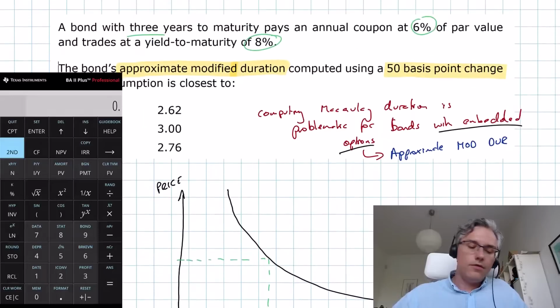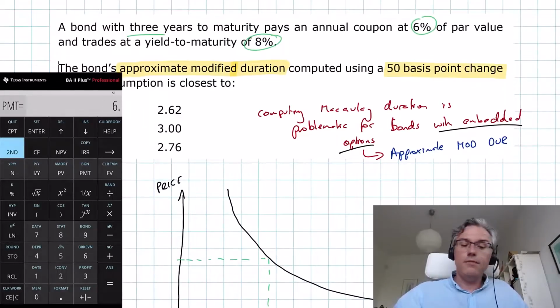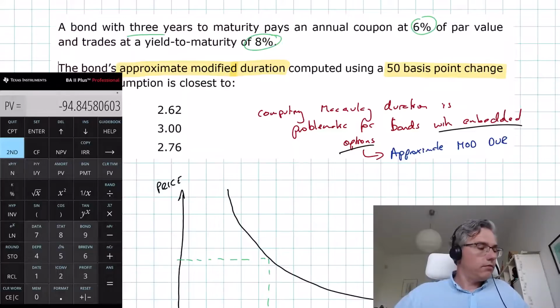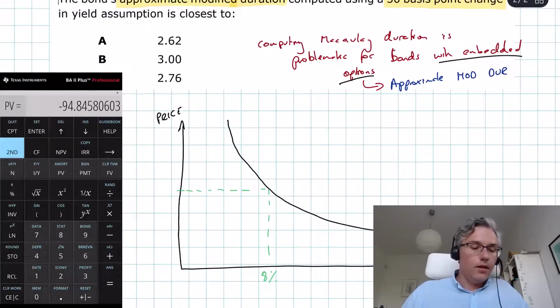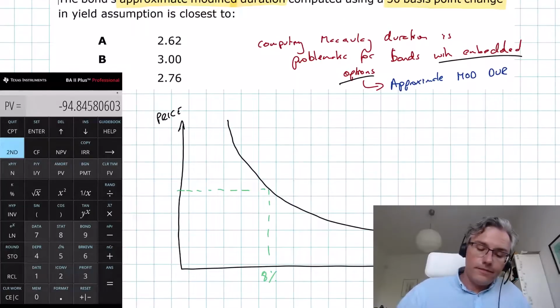So we've got 100 for FV, 6 for the PMT, the coupon, 8 for I/Y, it's an annual coupon bond, right? 3 for N, and let's compute PV. Well, the answer is 94.845.